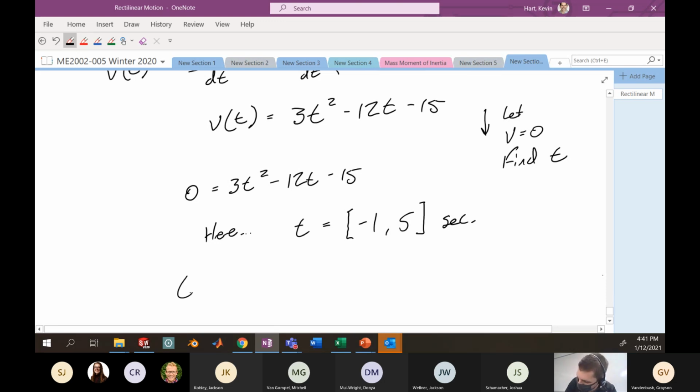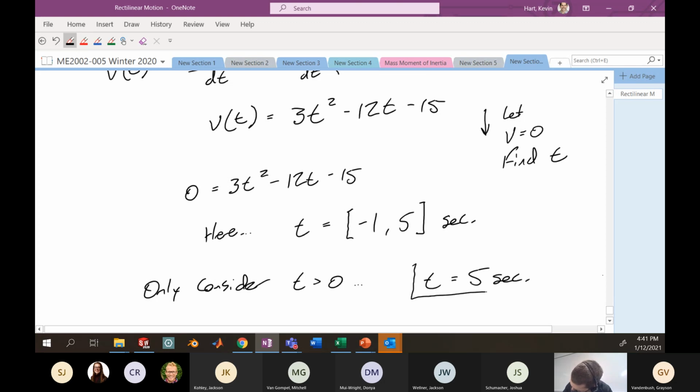Go save the world or something? All right, there you go. So given this particular motion of this particle as a function of time, it's going to have 0 velocity at a time of 5 seconds here.